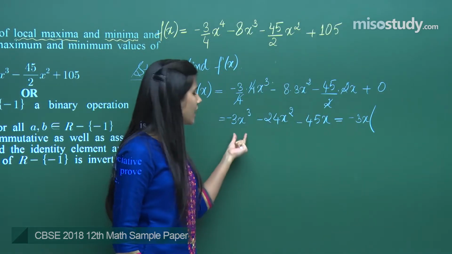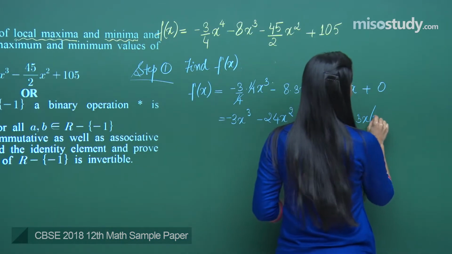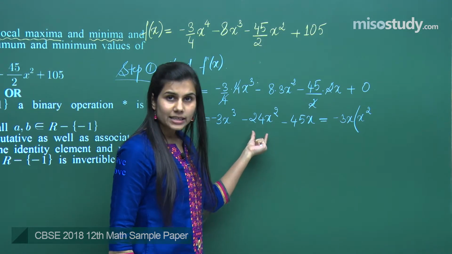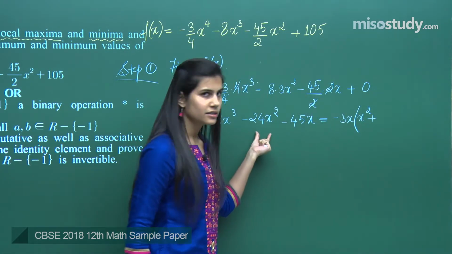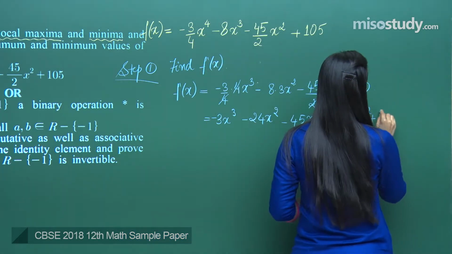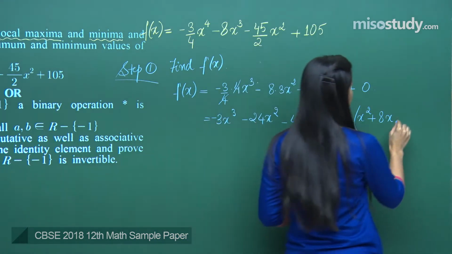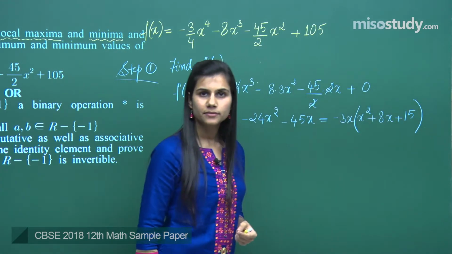What are you left with after that? Now minus 3x has come out, so you are left with x square. Then again minus 3x has come out, so you get 8x. And over here you get plus 15, isn't it?